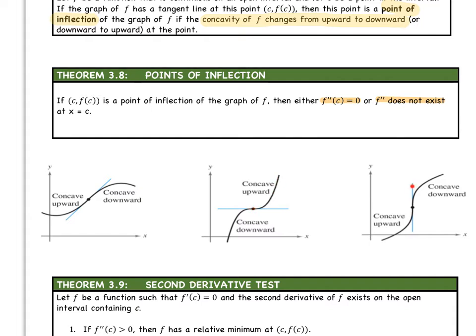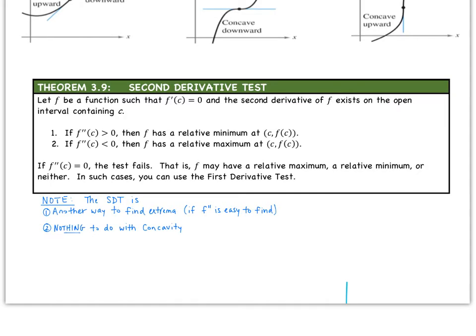This would be a case where f double prime doesn't exist, but we still have a continuous function here, and we're concave down, then switch to concave up, then switch to concave down. So we do still have a point of inflection.